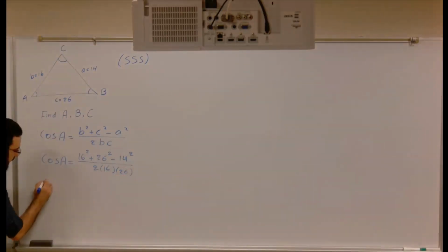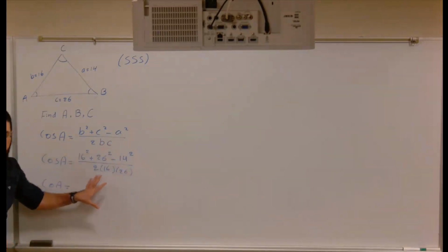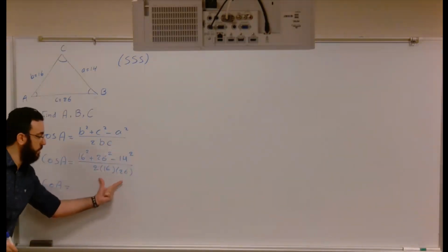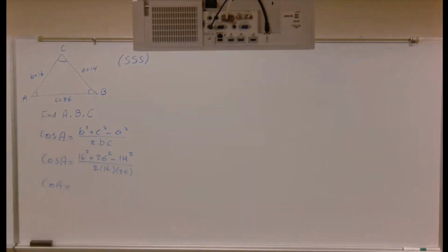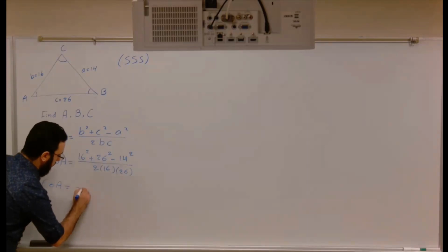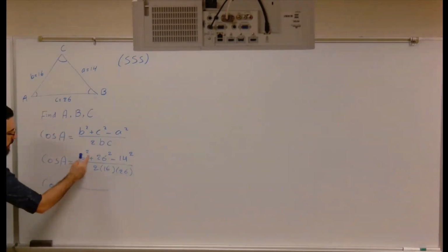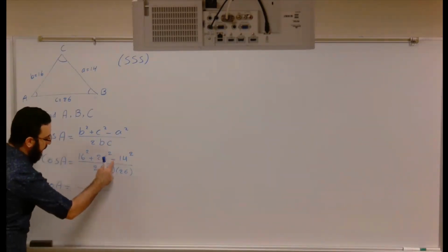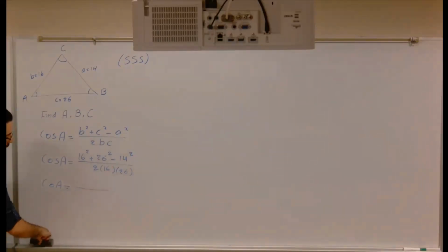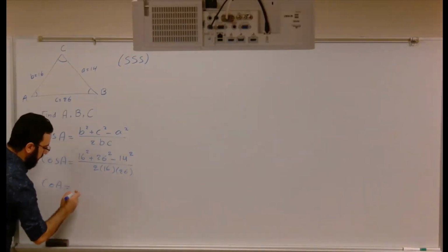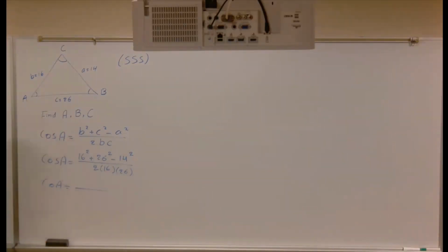Cosine A is going to be equal. Check here, all numbers. Tell me how much is going to be this side. How much is going to be the top part here? 16 squared plus 26 squared minus 14 squared is going to be what?